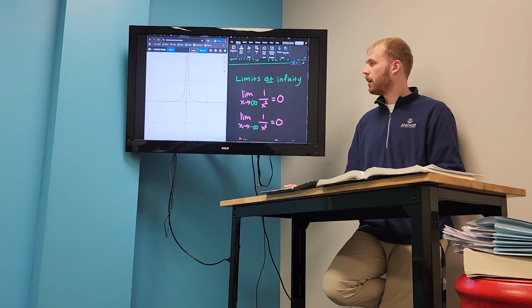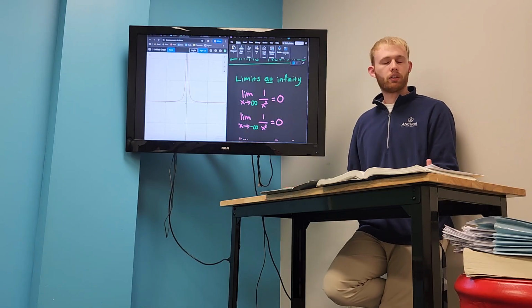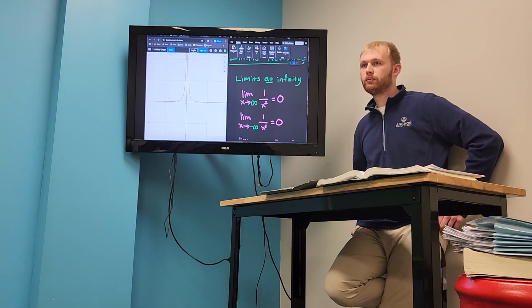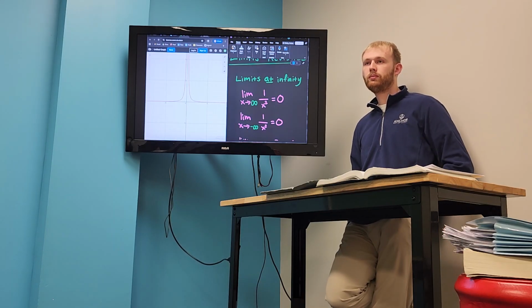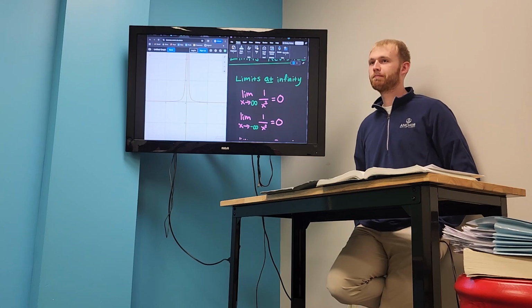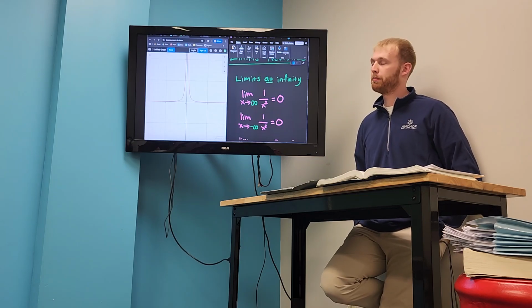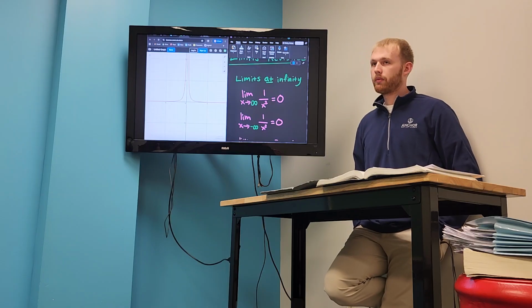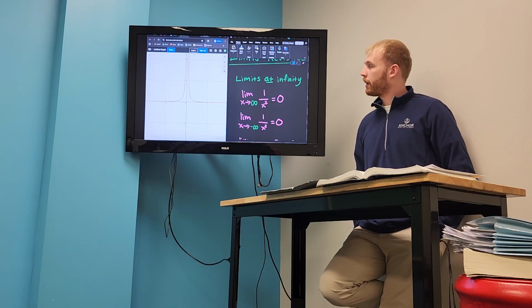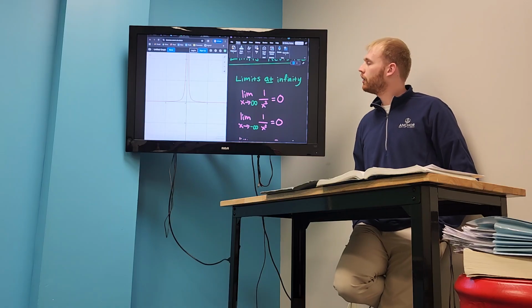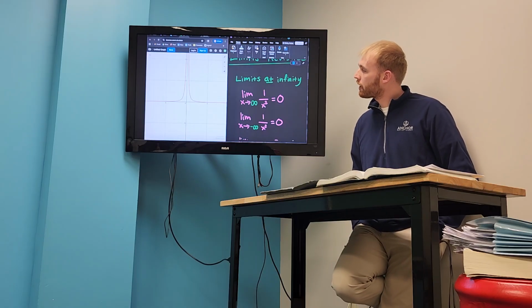Okay, 0 is undefined. Why doesn't it go below 0? Because it's squared, so any negative number would become positive when it's squared. Okay, so the range goes from 0 up, excluding 0. What else do you notice?